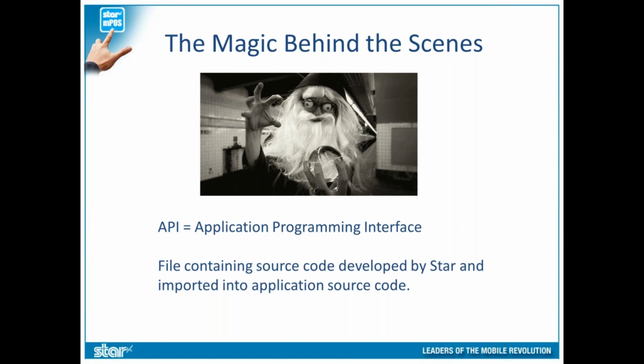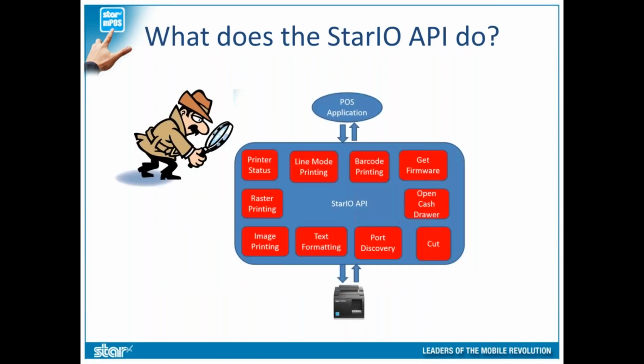Basically what this is, it's a file that has the source code that we as a manufacturer have made and imported it for the application source code that developers are going to be using. So this is, in essence, the driving force behind what an SDK is.